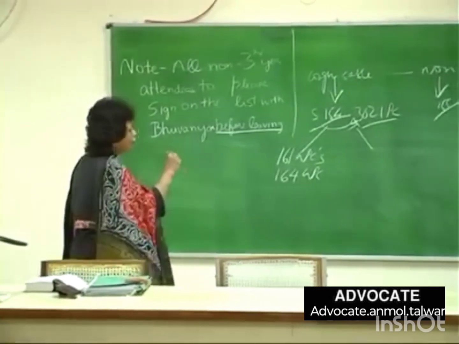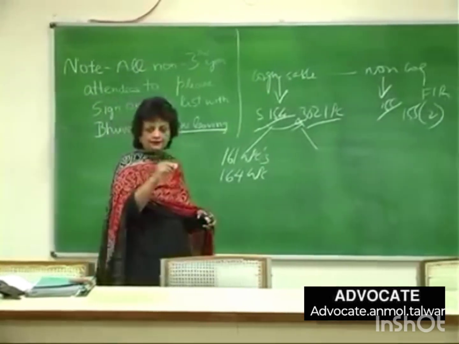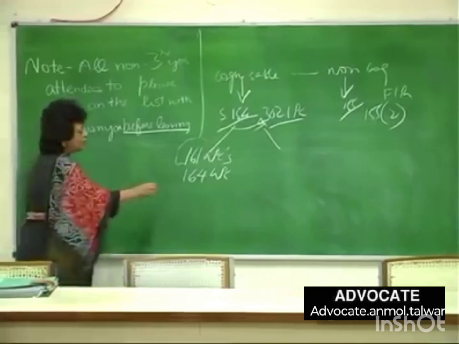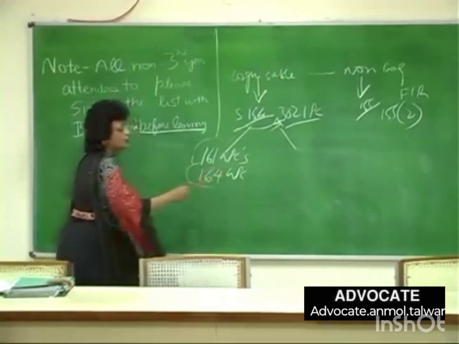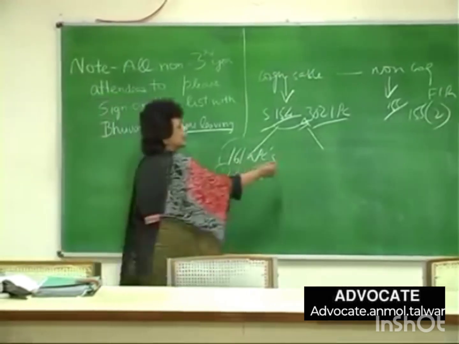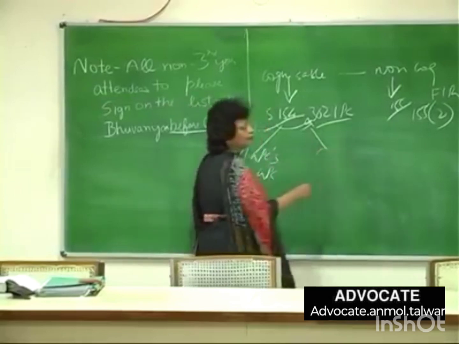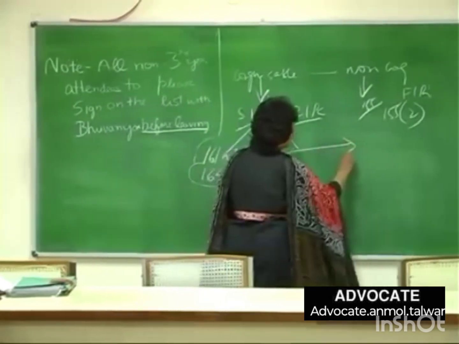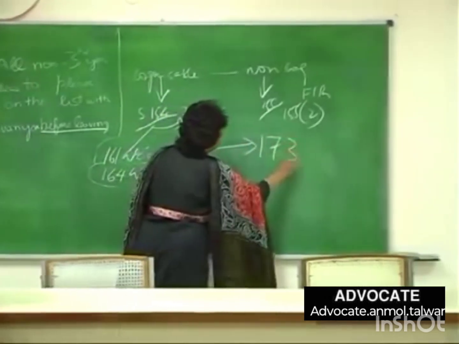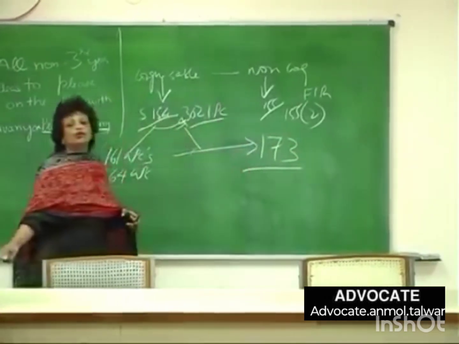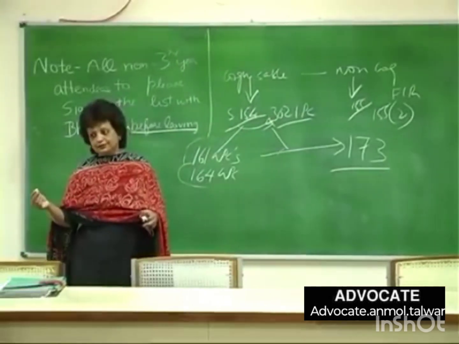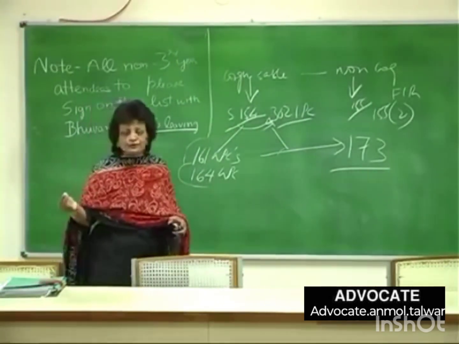After the collection of evidence, that includes recording statements of witnesses, recording statements under 164, and collecting documentary, forensic and other forms of evidence, the police forwards what is known as a 173 report, which is loosely called charge sheet, final report, etc. or police report.